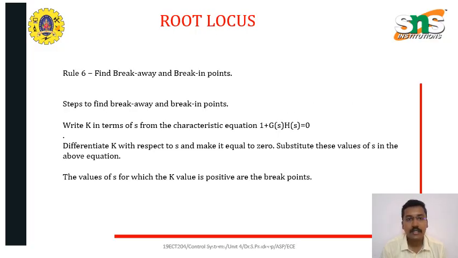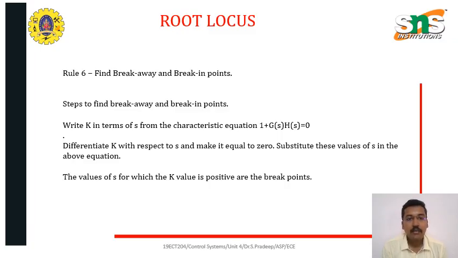Rule number 6, find breakaway and break-in points. The steps are: if there exists a real axis root locus branch between two open loop poles, then there will be a breakaway point between these two open loop poles. If there exists a real axis root locus branch between two open loop zeros, then there will be a break-in point between these two open loop zeros.